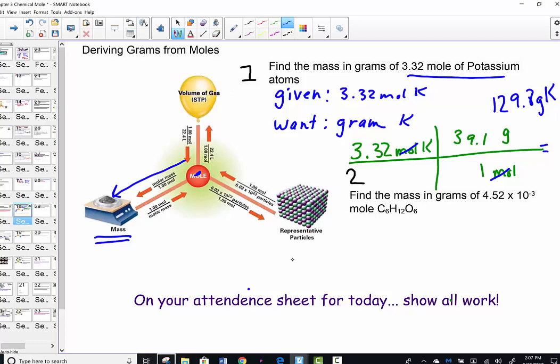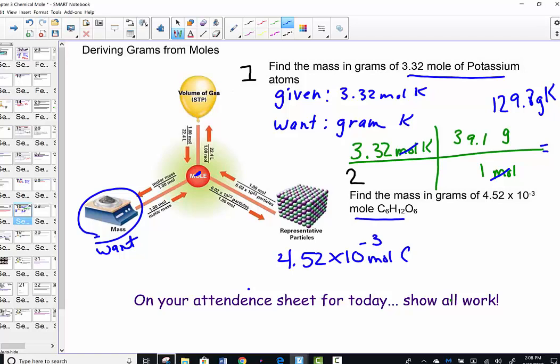In our second problem, we're still being asked to solve for grams, so I still want to know a mass, and the unit that I'm given is the mole. 4.52 times 10 to the negative 3 moles of glucose.